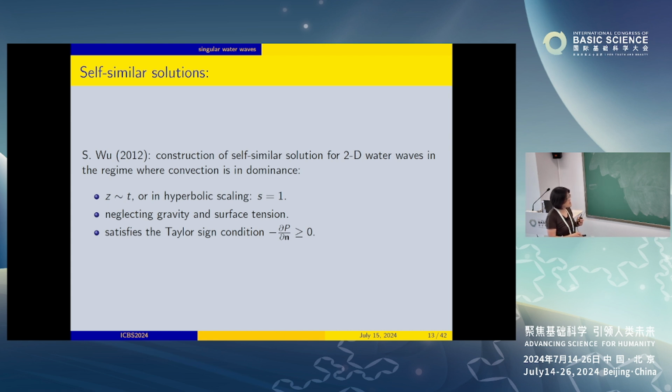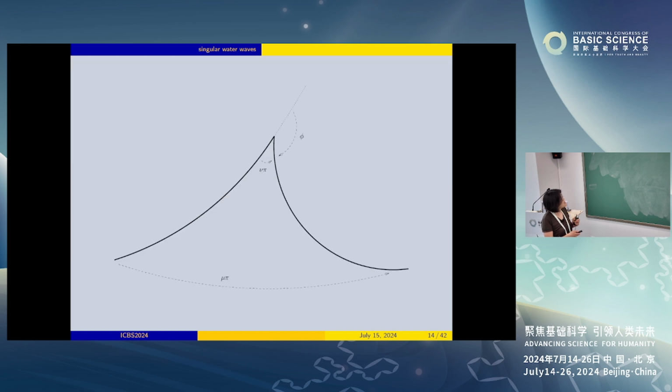We have just seen that the strong Taylor sign condition is very important, because otherwise the bubble forms, the problem is ill-posed and unstable, and you're not going to see anything. So we assume the Taylor sign condition holds for the solution we find. Neglect gravity and surface tension, and plug in this ansatz.